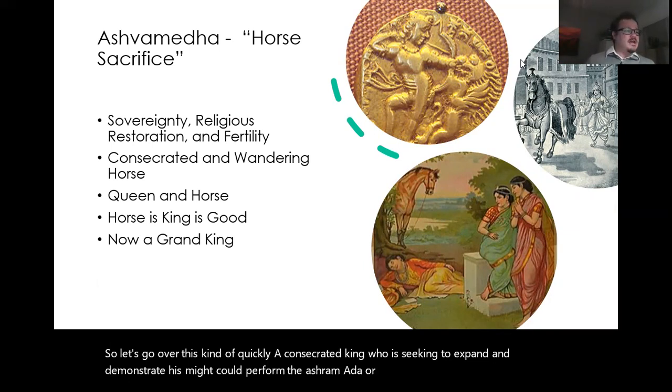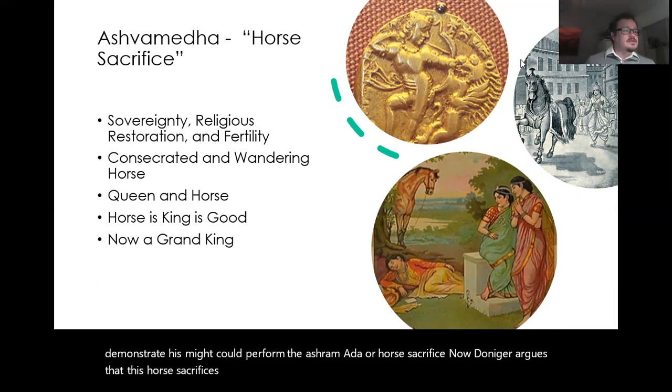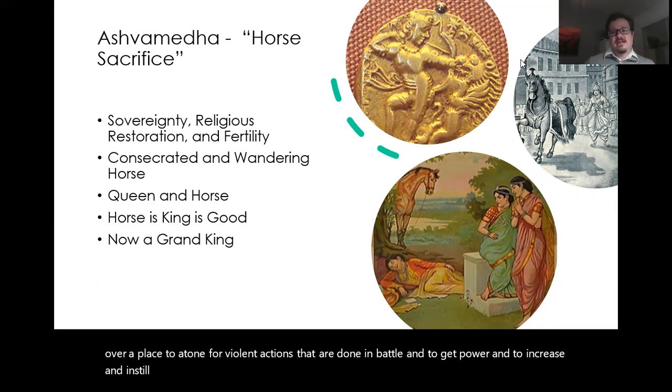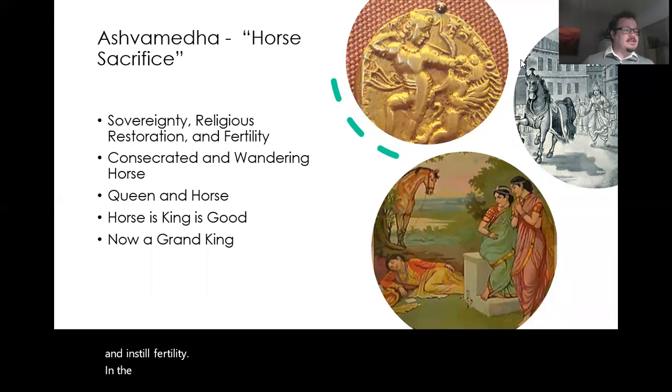Doniger argues that this horse sacrifice is done for three reasons: to establish and maintain sovereignty over a place; to atone for violent actions done in battle and to get power; and to instill fertility in the land, so greater crop yields, and in the subjects, greater child yields.